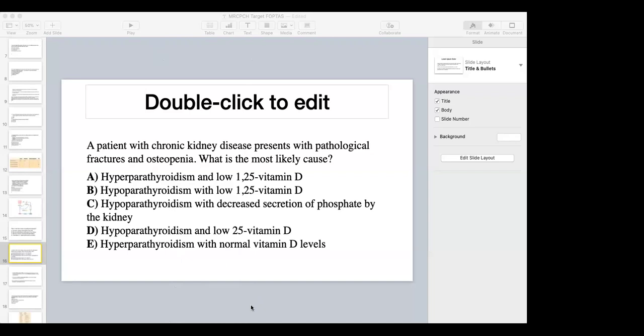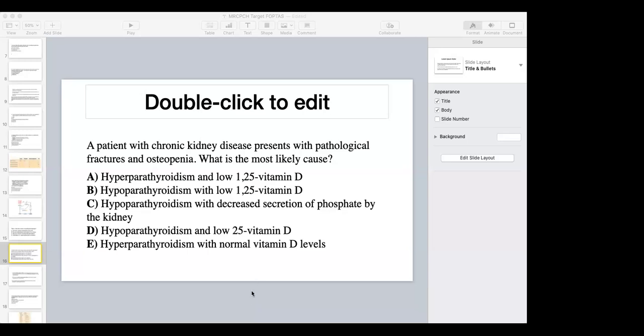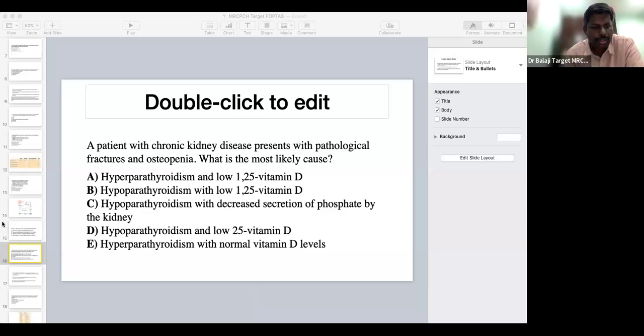Option A, hyperparathyroidism and low 1,25 vitamin D. Yeah, doctor. That's a good answer.